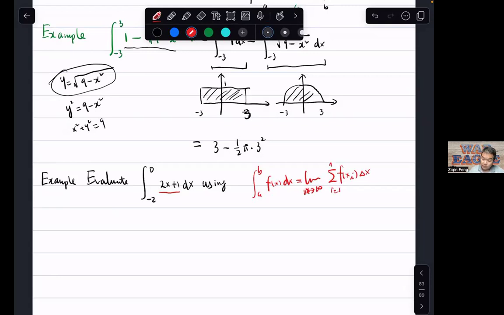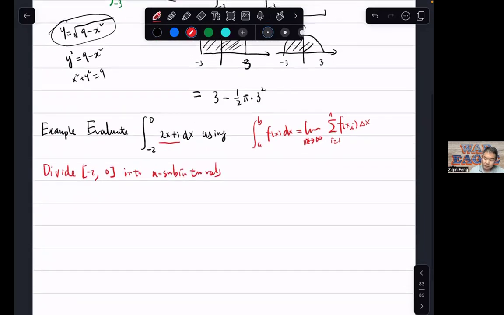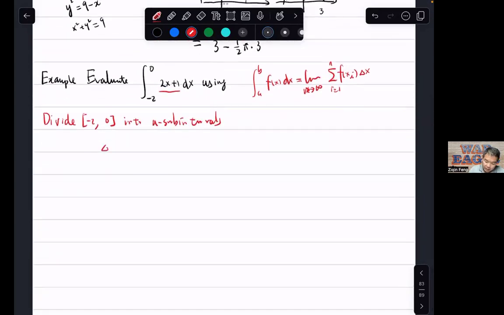So we divide -2 to 0 into n subintervals. From here you can see that delta x will be 0 minus -2 over n, so delta x is 2 over n, and xi will be -2 plus i times delta x.